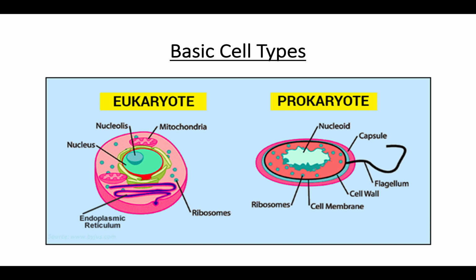As you can see on the left, eukaryotic cells, or eukaryotes, are a lot more complex. You have different types of organelles or different cell parts. And then you have prokaryotes or prokaryotic cells. There is no distinct nucleus, and you cannot see different organelles. They're both still functional, they just have different features.